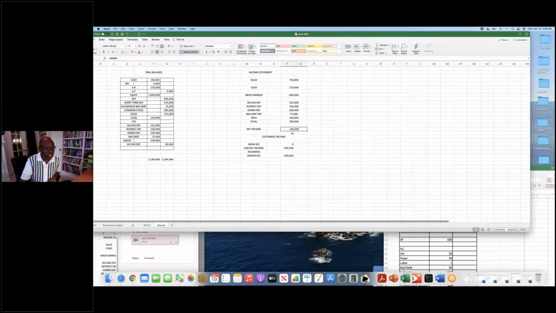It's on there now. Do you see it? Yes. Unless Excel is just not working for me, because that is not the number I got.